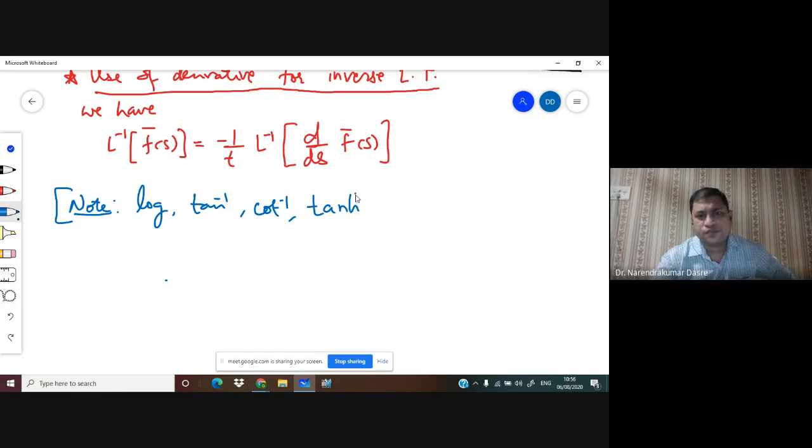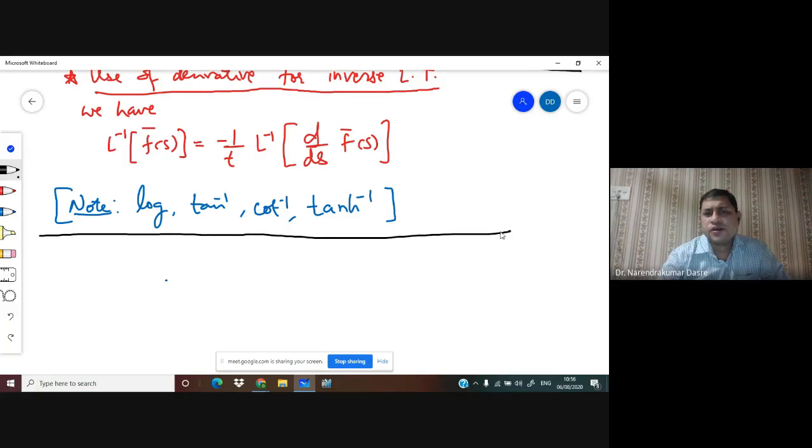We know from the first semester that hyperbolic tan inverse can be expressed as a log. Hyperbolic tan inverse of z is equal to half of log of 1 minus z upon 1 plus z, so we can express this as a log. So basically we have these three functions where we have to use this property.